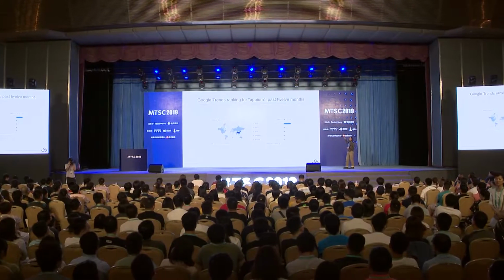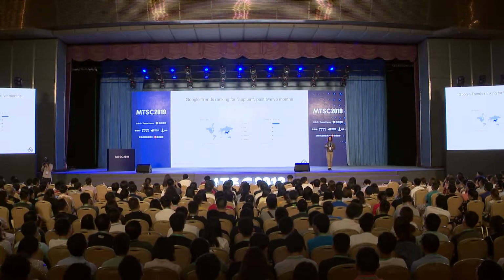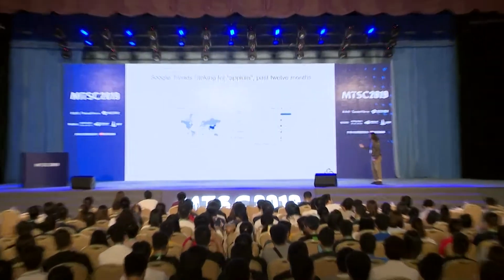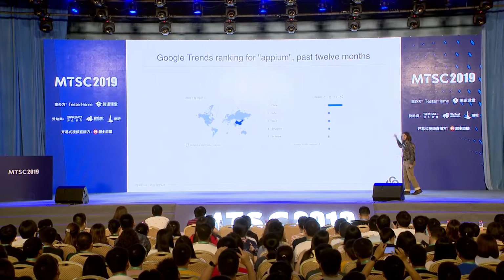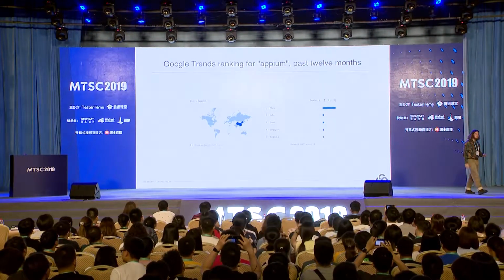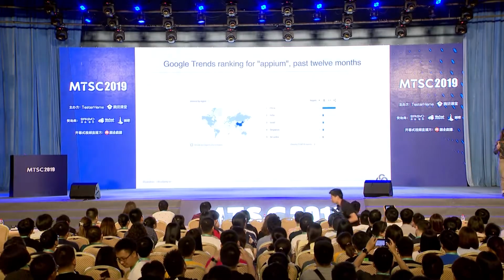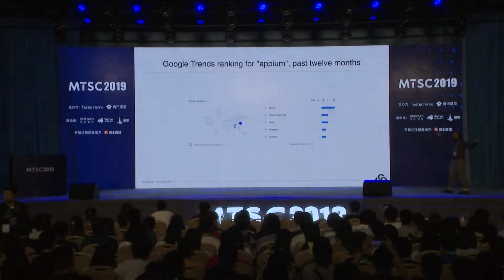This uses Google Trends, so people are searching in Google, and it tells you how popular. And China's number one. But look, compared to India, China is 100 to 10. That's pretty good. So inside China, what do you think the number one city for Appium is? Yeah, it is Beijing. So congratulations.